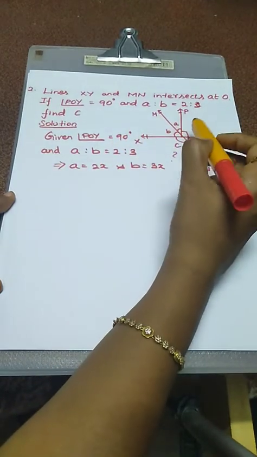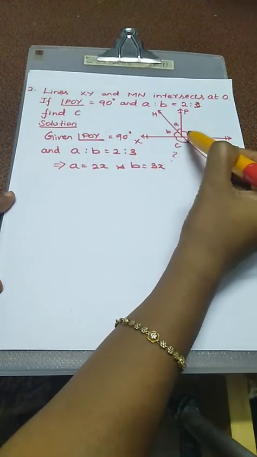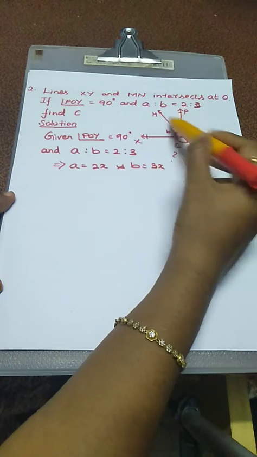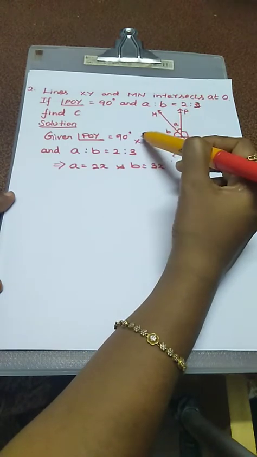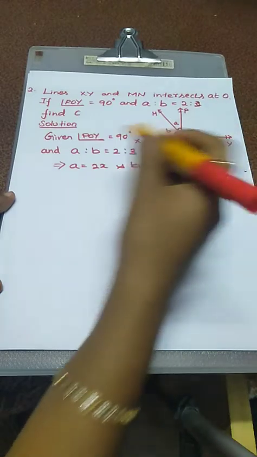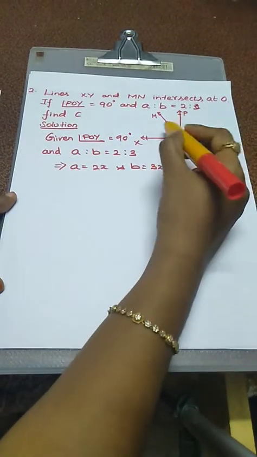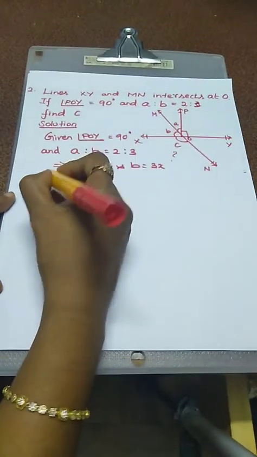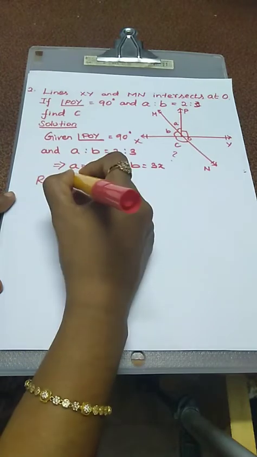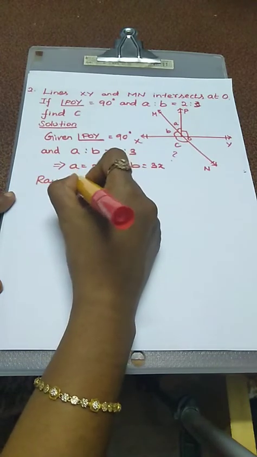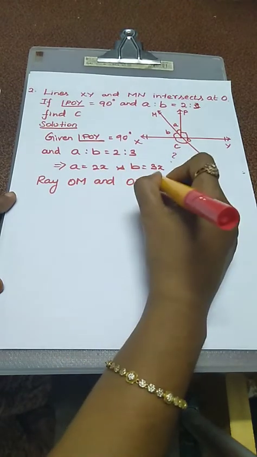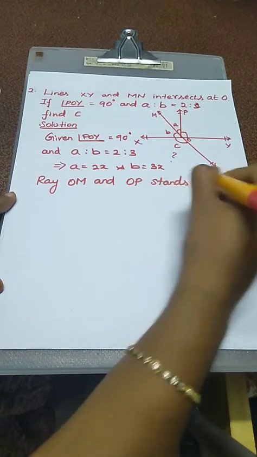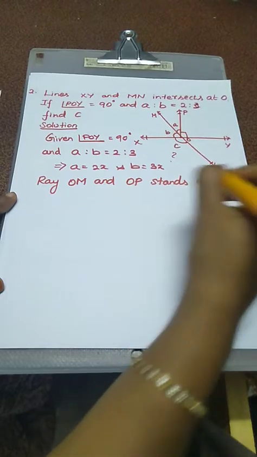You just look at here, the ray OM and OP stands on straight line XY only. So we have to write the condition here. Ray OM and OP stands on a straight line XY.